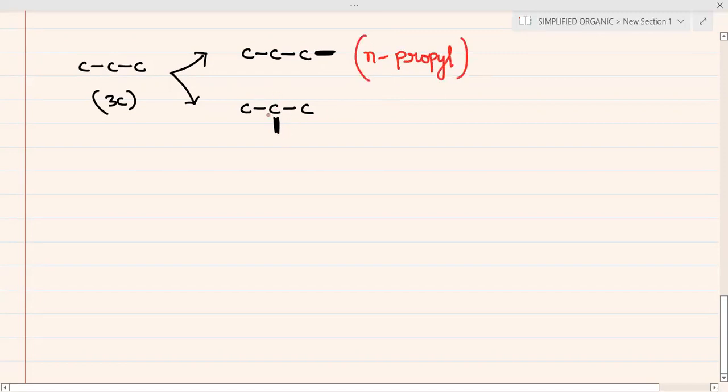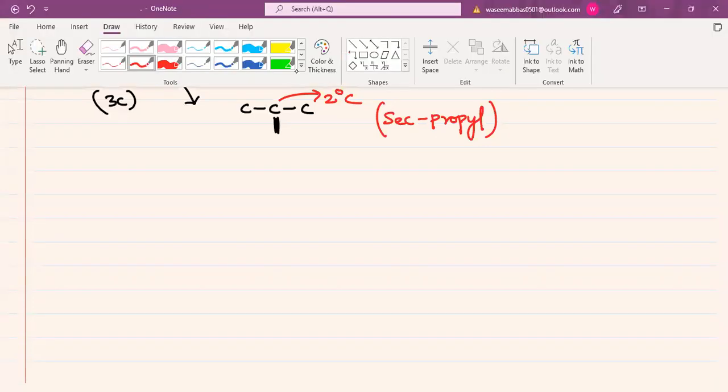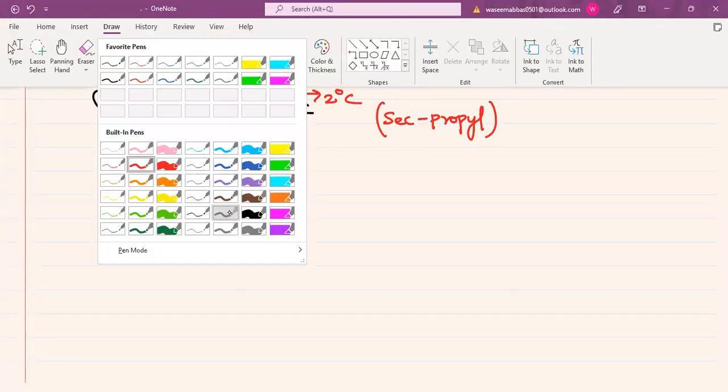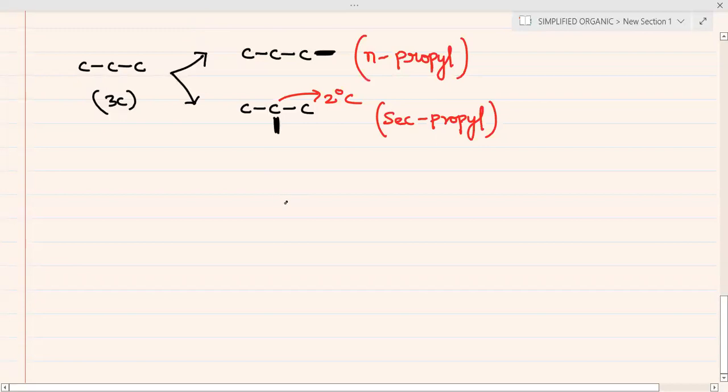And in this case, it is bonded to a secondary carbon. The branch is from the secondary carbon, so it is called secondary propyl. One more important thing to note here is that I can write this structure in this way.